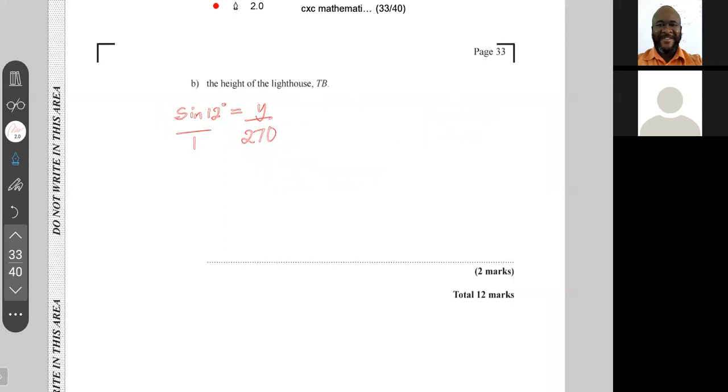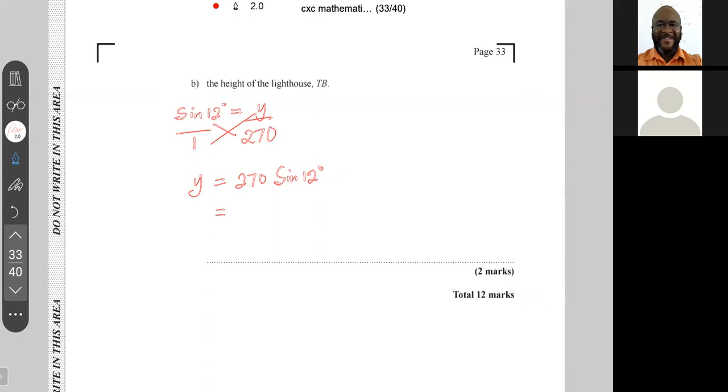Ladies and gentlemen, if I have one fraction equal to one fraction and I want to get rid of the fraction, I'm going to cross multiply. So 1 times y is equal to 270 times the sine of 12 degrees.